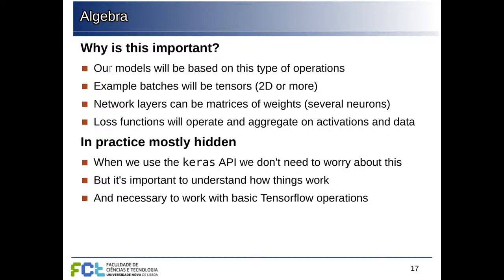So all these models will be based on these types of operations. Typically, we're going to use tensors as the input to our network that represent batches of examples. So if all your examples are vectors with features, then the tensors will be two-dimensional because you'll have a batch of examples. If your examples are more complex, you can have examples that are images, grayscale images.